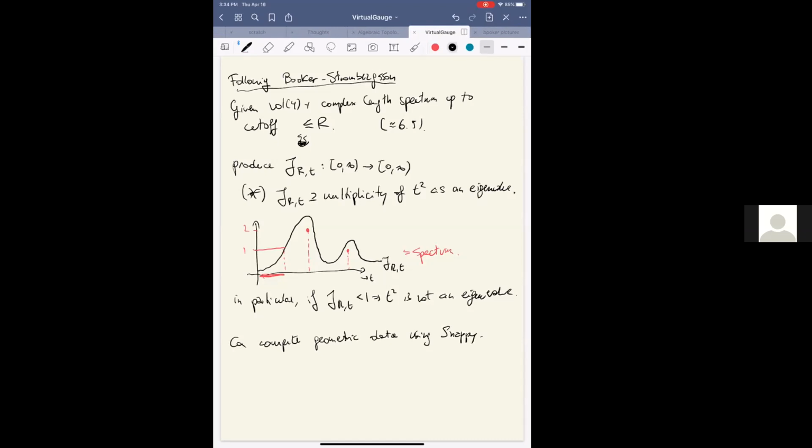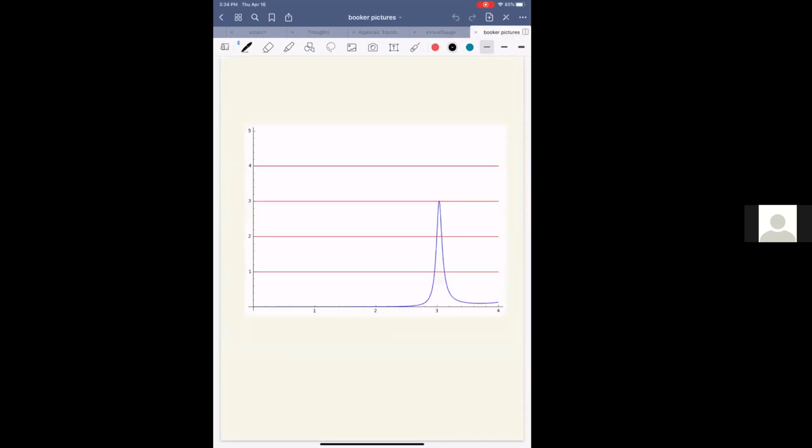So this is the picture that you get for Weeks. And I think here R is 6.5. This took about 20 minutes of computation with SnapPy to compute the length spectrum up to that cutoff.